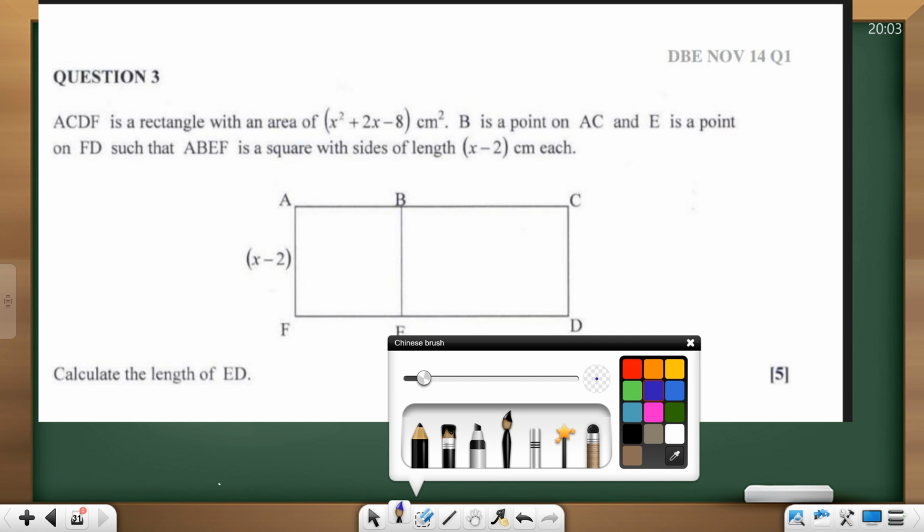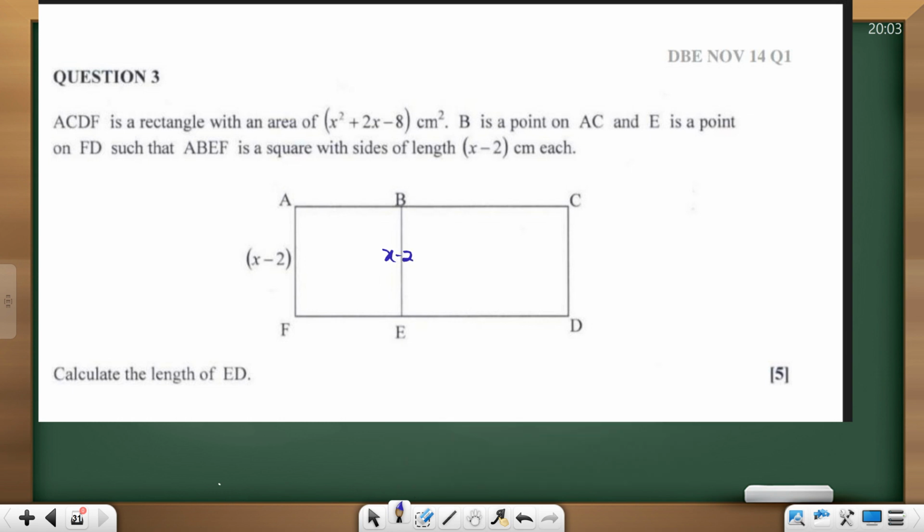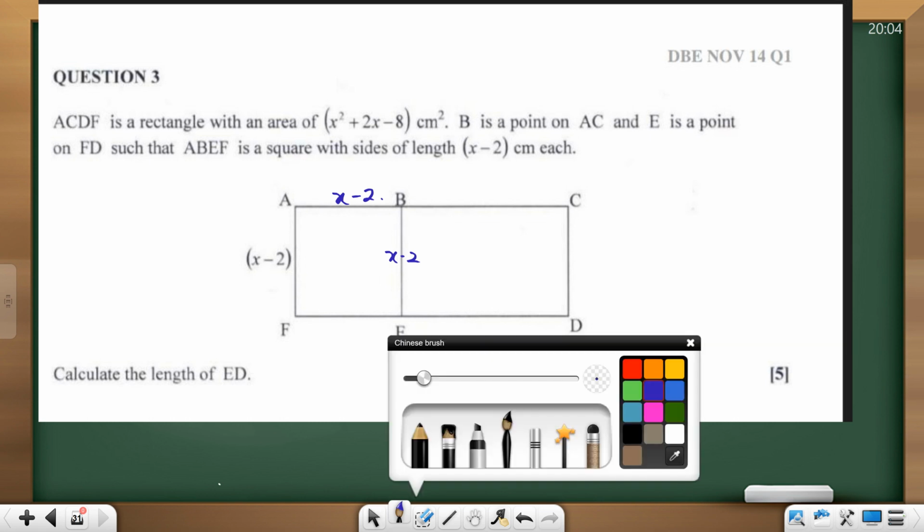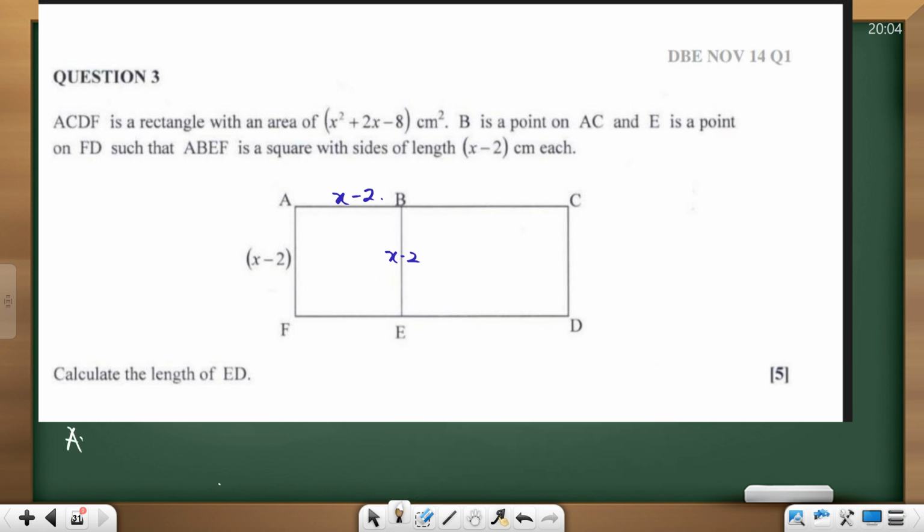This is a square. It gives us the area of the rectangle. Area of what? Rectangle ACDF, the whole area, is the area of square ABEF plus area of what?